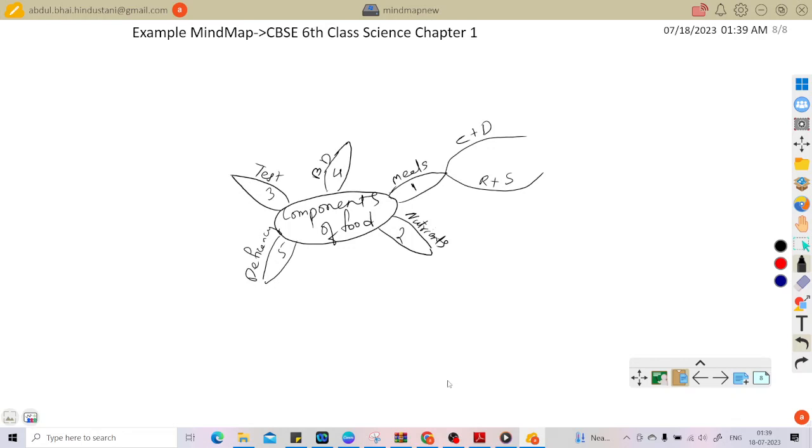You have to write the abbreviations at the bottom, like BD is the balanced diet, C plus D is chapati dal, and RS is nothing but rice plus sambar, right?